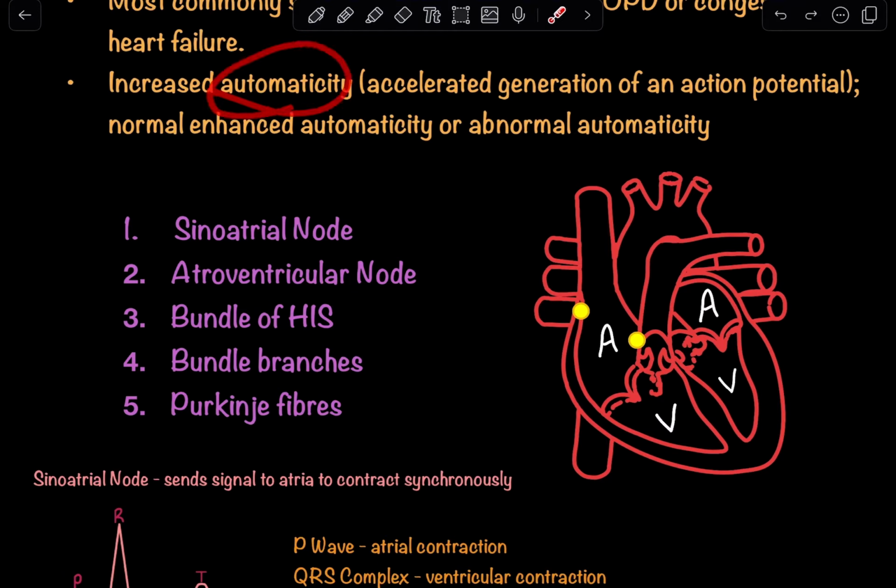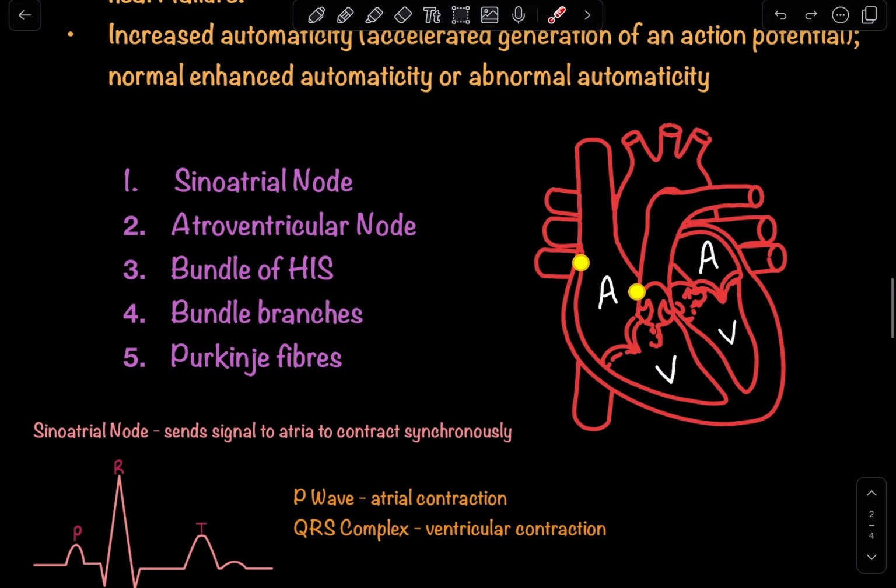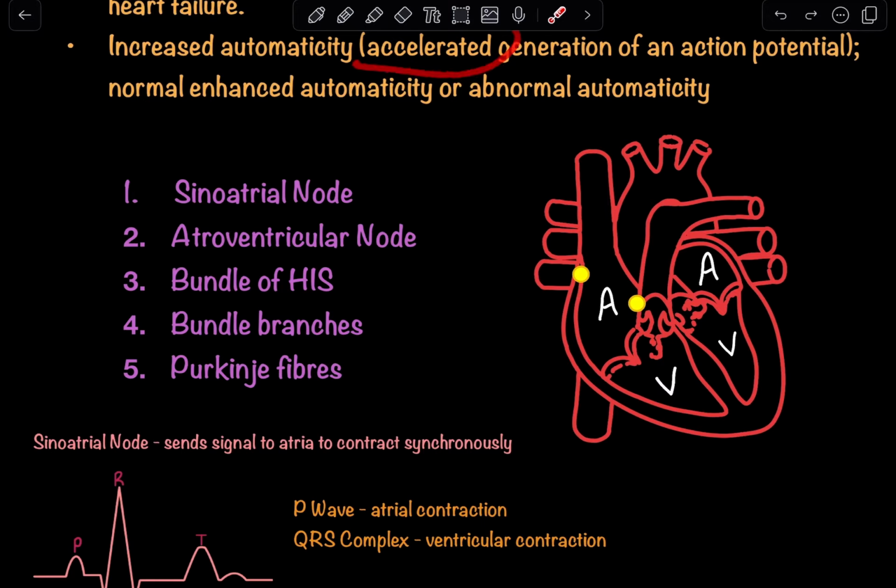But automaticity can be normal or it can be abnormal. When automaticity is abnormal, that is when MAT is going to occur, because we have these cells located in the myocardium. They're the ectopic foci, and they are sending out these accelerated action potentials. So MAT is due to abnormal automaticity.